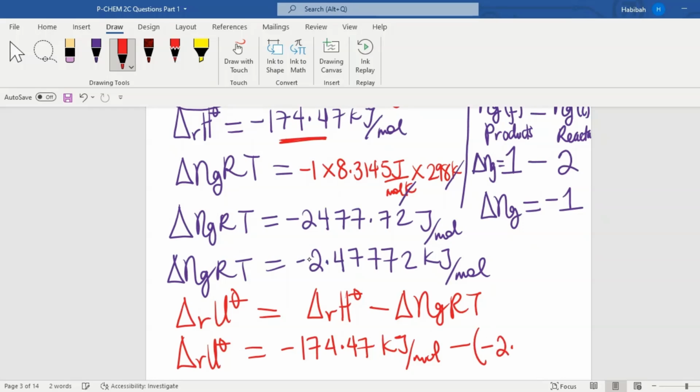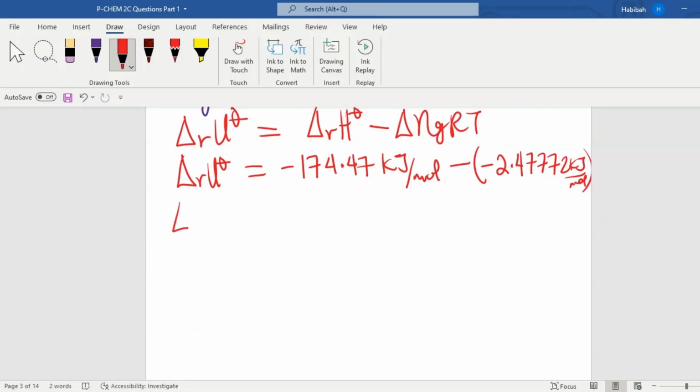Don't forget the other negative. The information has a negative and the formula has a negative.